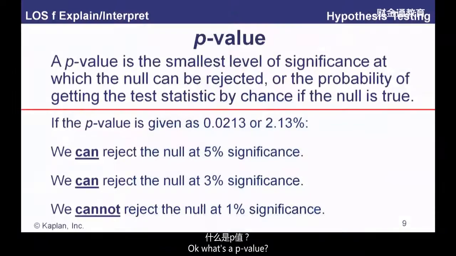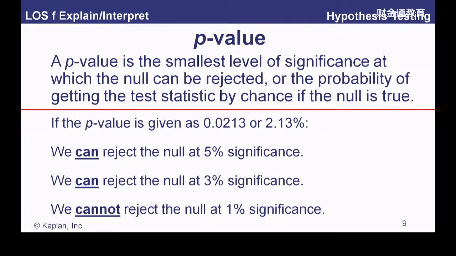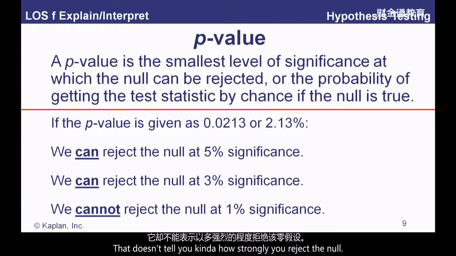Okay, what's a p-value? Well, when we report a test, if we have a significance level of 5% and we say our test statistic was out in the tail, beyond the critical value, we're going to reject the null. That doesn't tell you how strongly you reject the null.